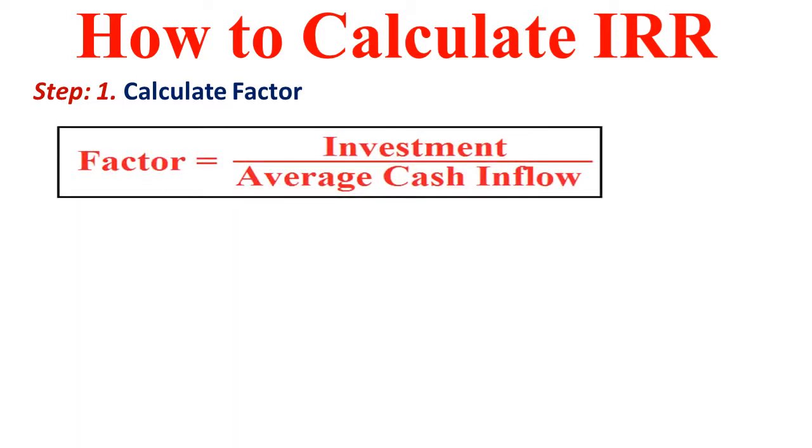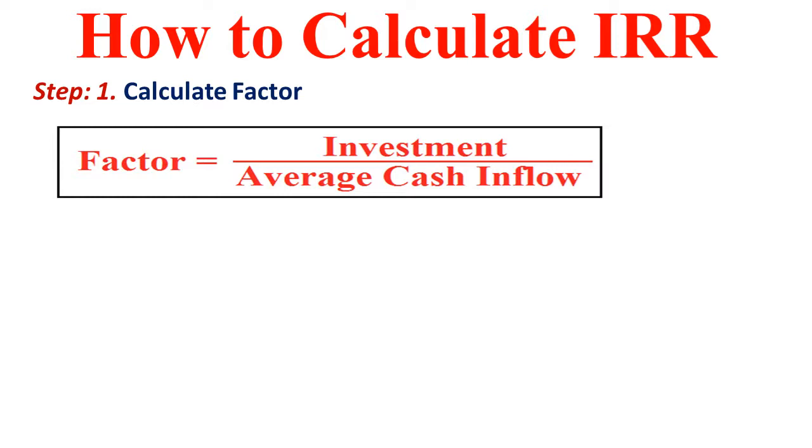Factor is equal to investment divided by average cash inflow. So what is the investment you made in the project, divided by average cash inflow? You will get a certain factor, like 5.2, 5.00 or 2 point something. You will get a numerical value.